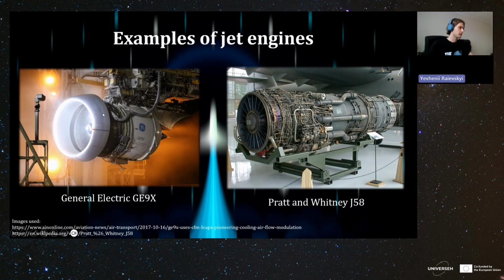And of course, it's optimized for subsonic speed, because modern commercial aircraft are using turbofans because they are very efficient. You don't need to store as much fuel, and you generate a lot of thrust.